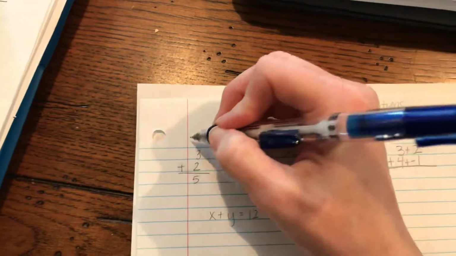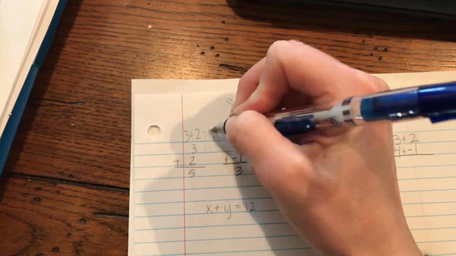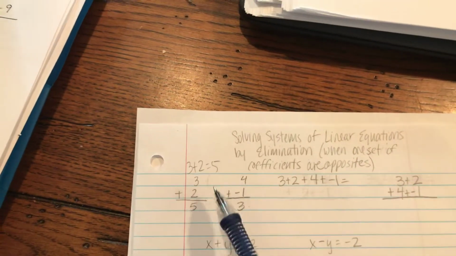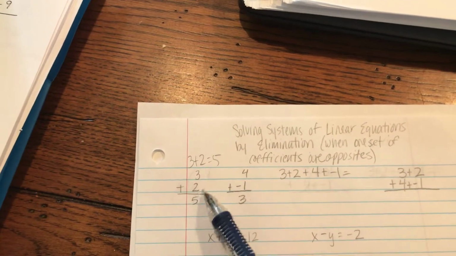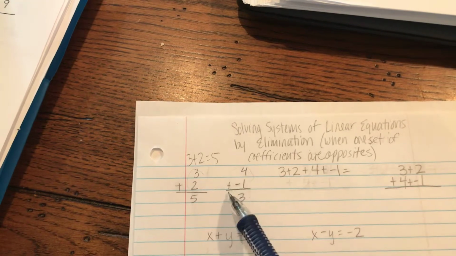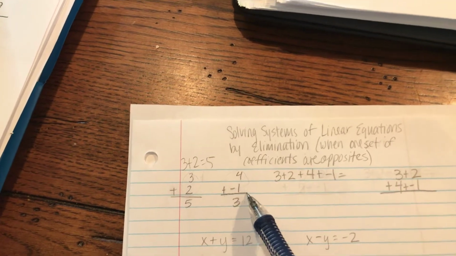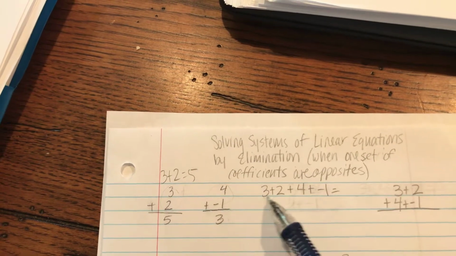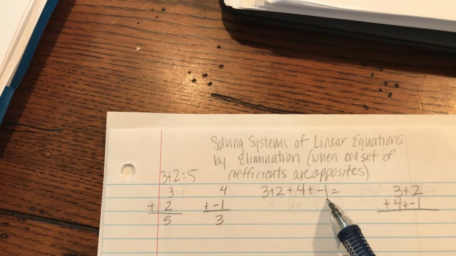So I could also say 3 plus 2 equals 5 and write it horizontally like this. And if I wanted to combine these two equations, 3 plus 2 and 4 plus negative 1, I could write it out horizontally like this: 3 plus 2 plus 4 plus negative 1.